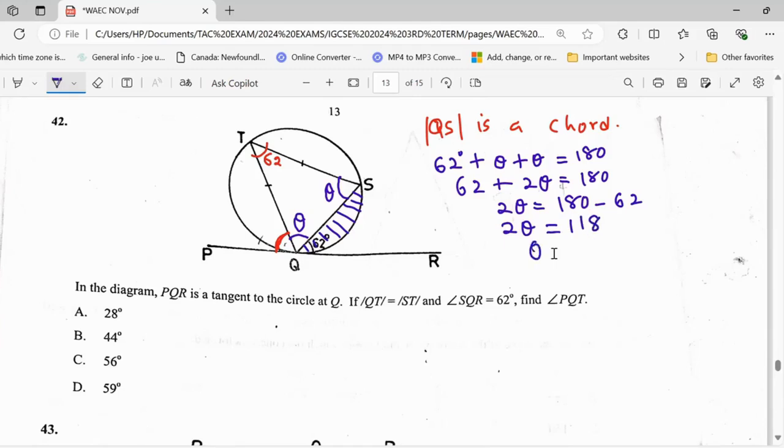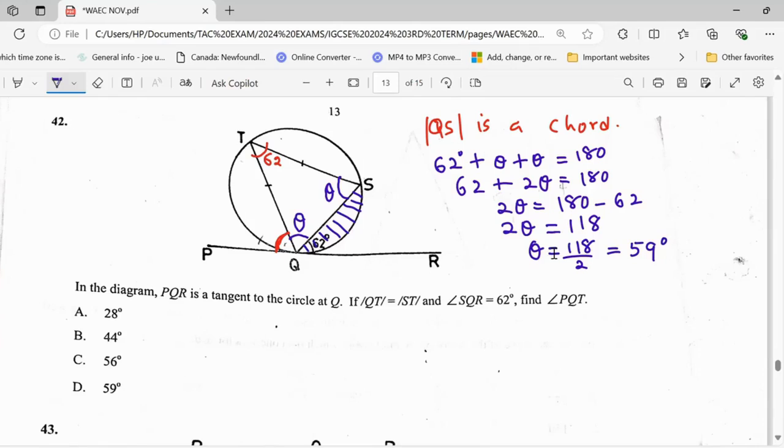So theta is 118 over 2, and that will give us 59 degrees. That's theta.